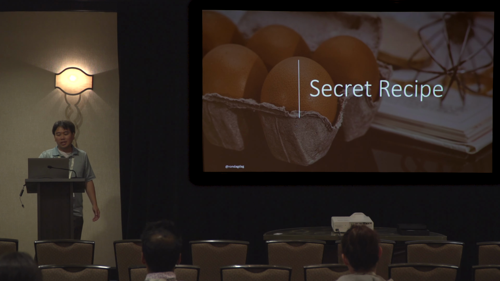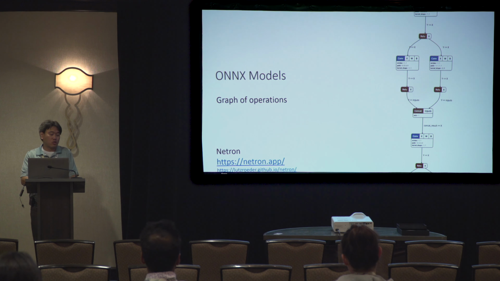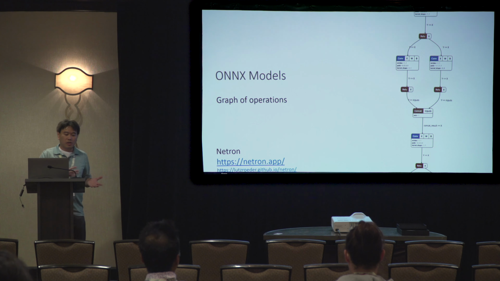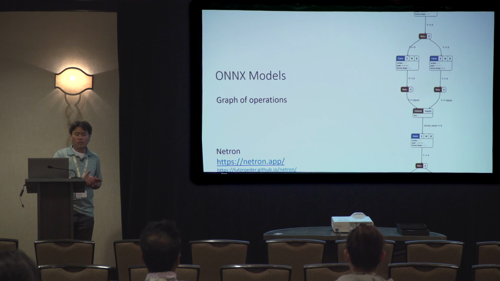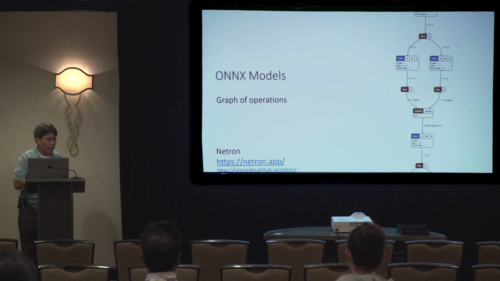So to talk more about what this ONNX model is, an ONNX model is just a graph of operations. If you think about data coming in and then passing through these functions, methods or calculations, and then at the end it gives you the result. You can visualize it using this Netron app.